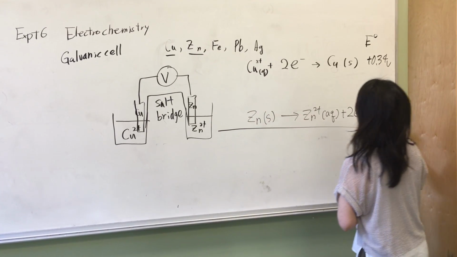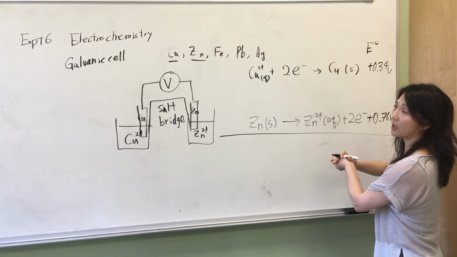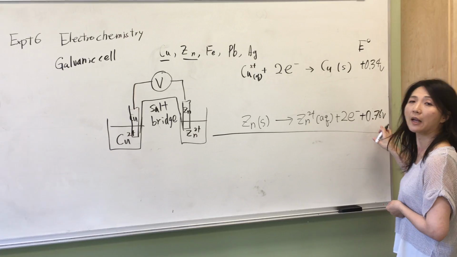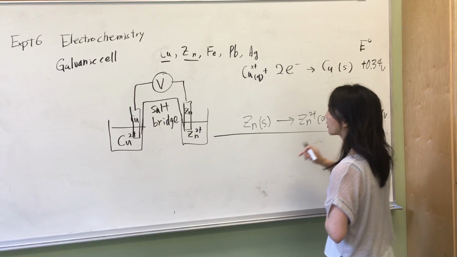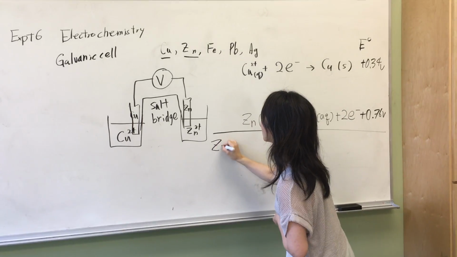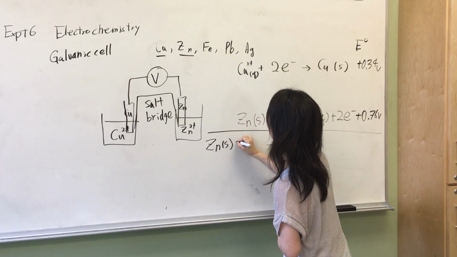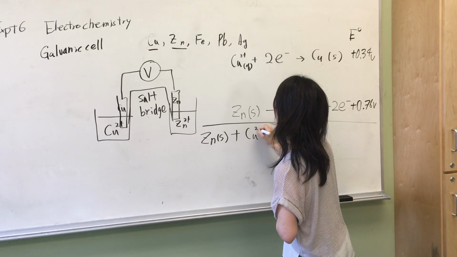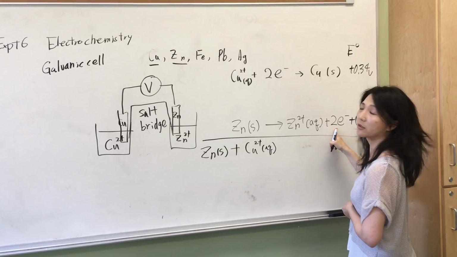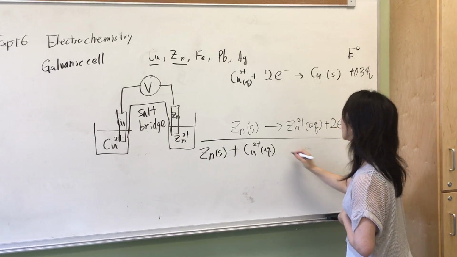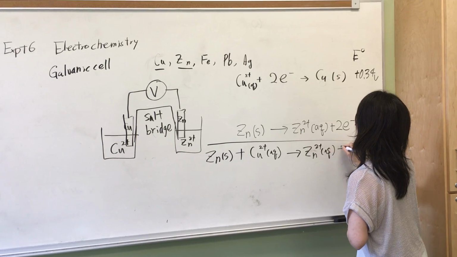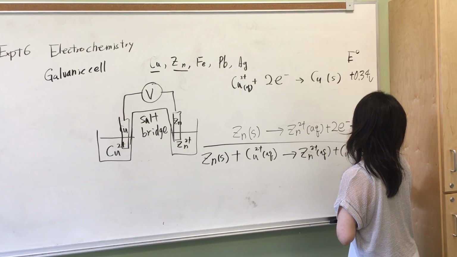So for the total redox reaction, you just add them together, and also the total cell potential, you just add them together as well. Okay, so the redox reaction for copper and zinc is gonna be zinc solid plus copper solution, and then the electrons are gonna be cancelled. Both of them are 2 electrons, and it's gonna be zinc solution and copper solid.